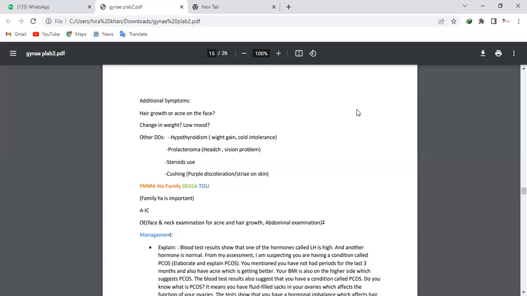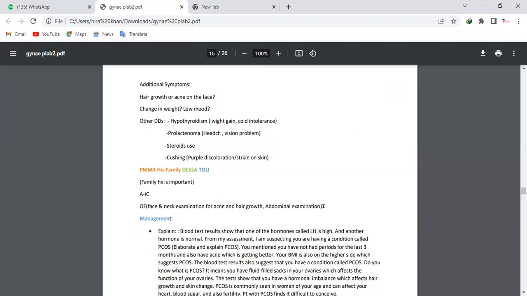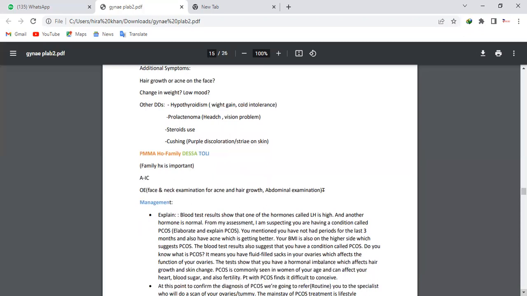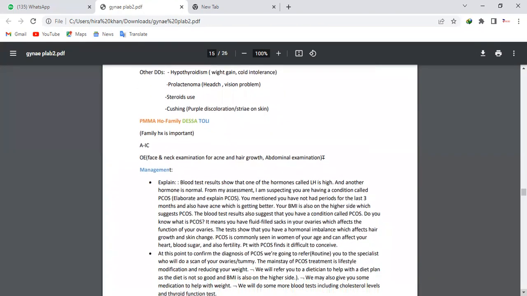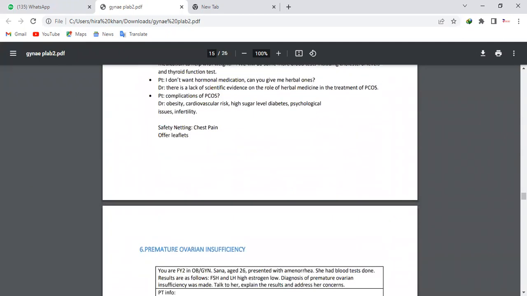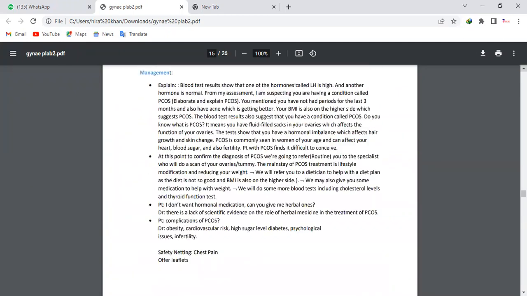Okay, doctor. So to reduce that and also to have a good effect on this, we request you to start doing exercise regularly. Okay. That's it, doctor.